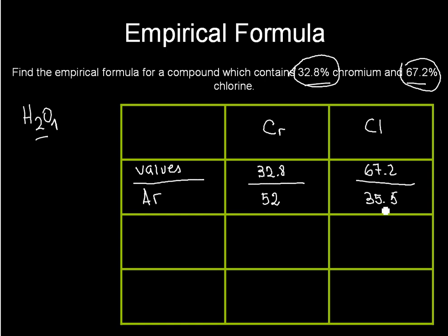What I'm doing with this, I'm calculating the number of moles of chlorine and chromium that we have. Okay? Because the total mass is 32 divided by 52, the mass of 1 mole, is going to give me the number of moles. And we want those number of moles to see which is the formula for this particular compound.